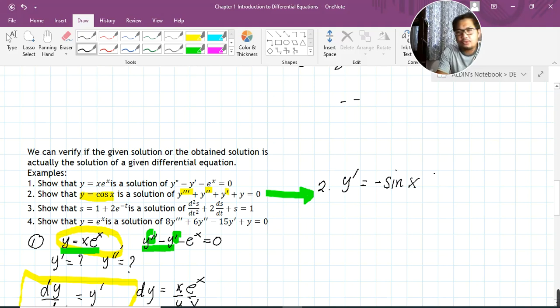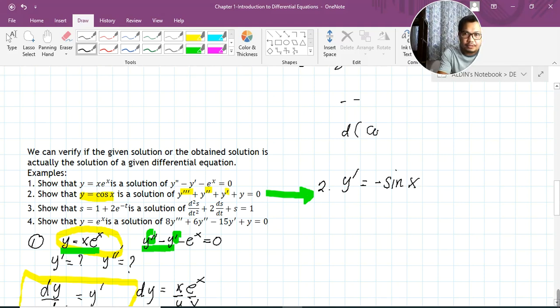So, hindi ko na isusulat, ano. Derivative kasi, sine of u is equals to... derivative of cosine of u is equals to negative sine of u du. Diba? Hindi tayo maligaw, sulat ko dito.